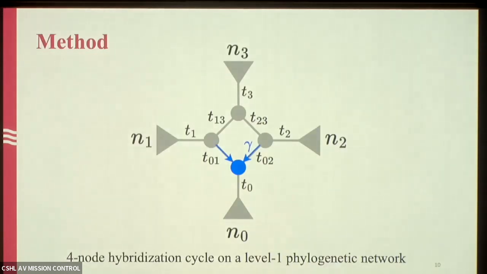Our work will focus on estimating networks involving this type of four-node hybridization cycle. Here's an example of this type of unrooted phylogenetic network.